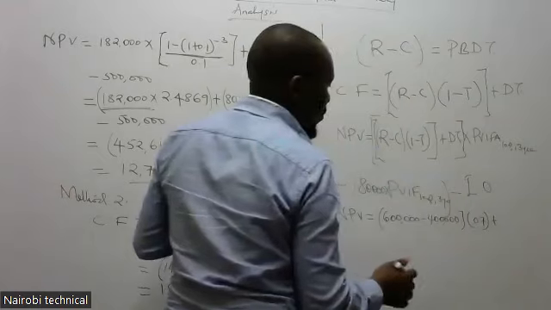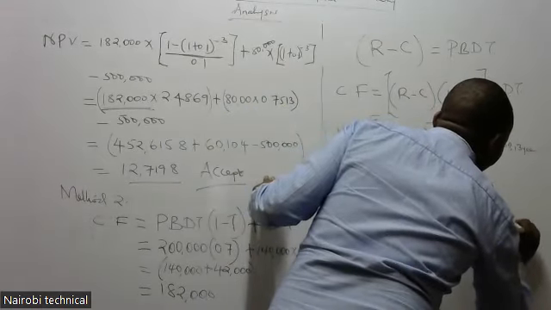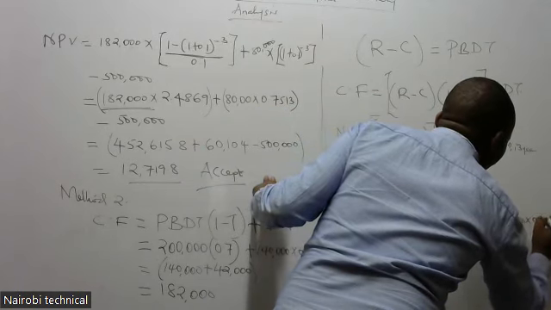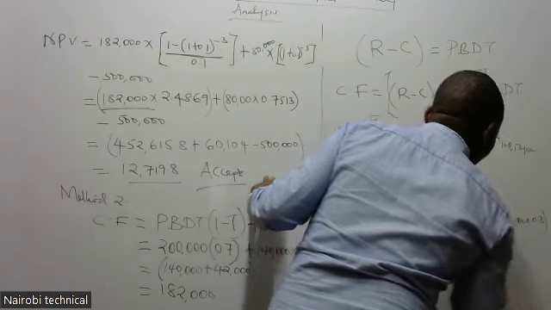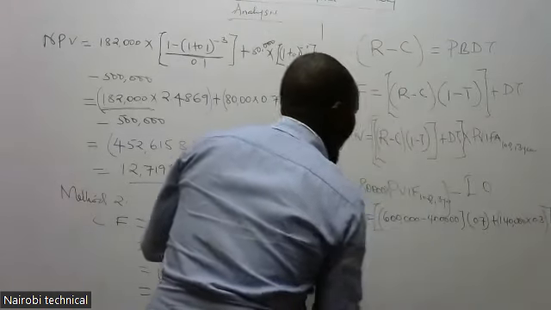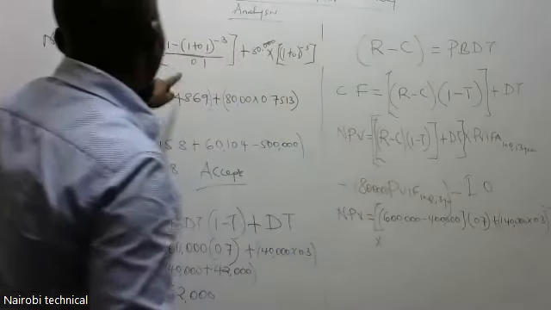This times this, we got it, right? It was 140 times 30%, it is 0.3. Then the whole of this, you multiply with PVFA. And PVFA we got, it was this.